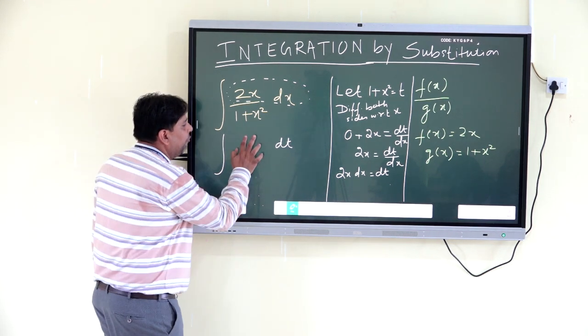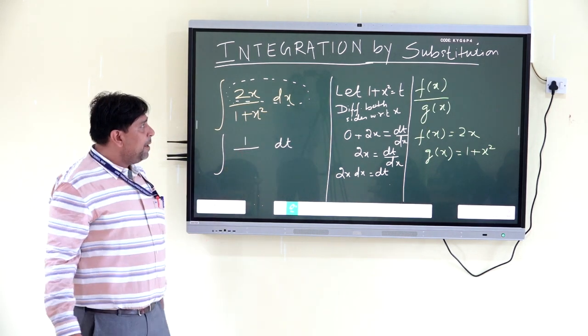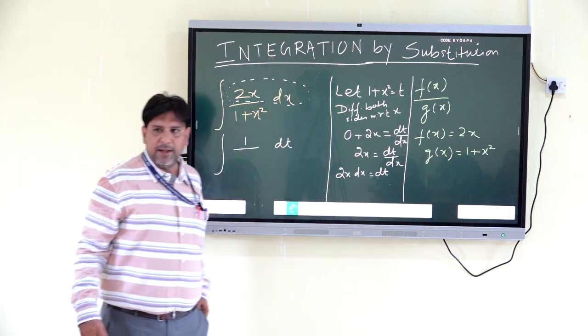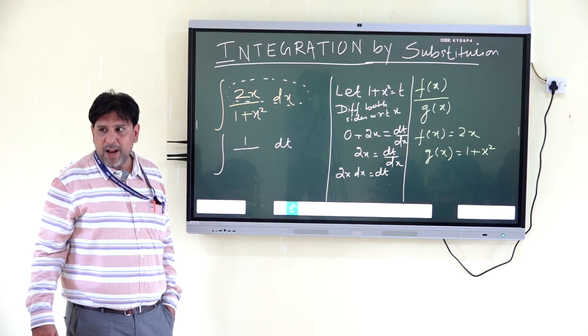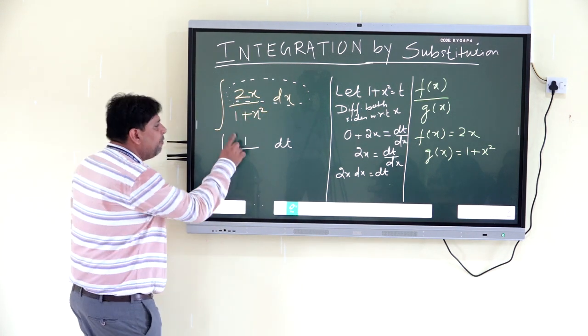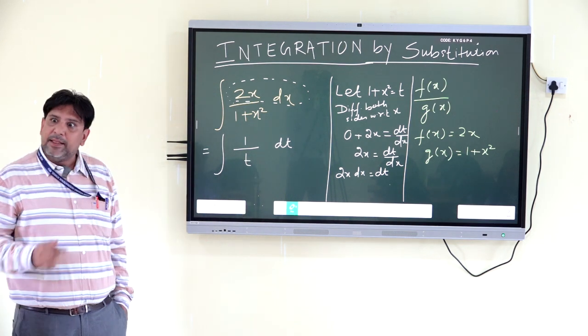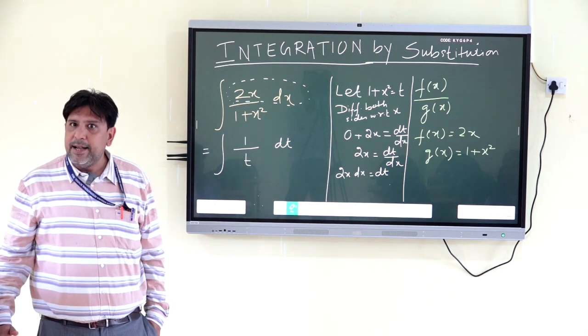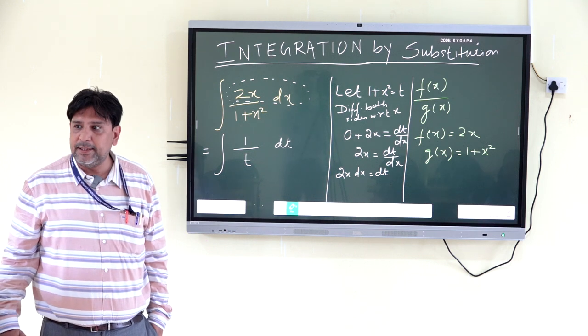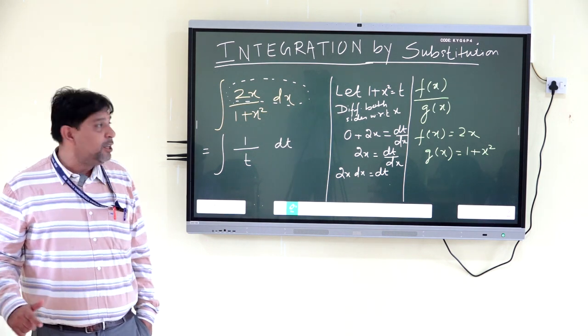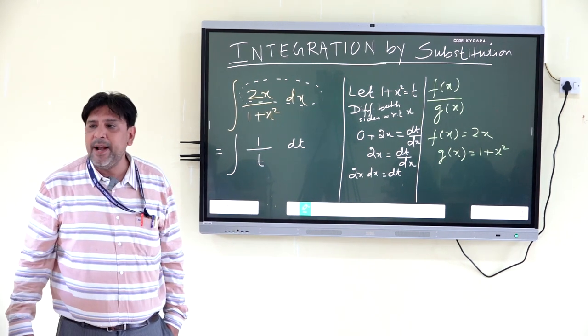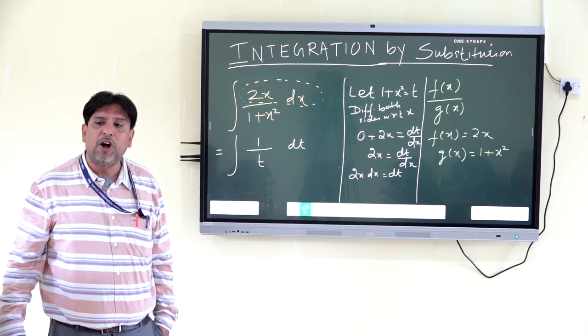What is left? 1 by 1 plus x square. But 1 plus x square, what I have taken? T. So we can write 1 by t dt. Now we have got a formula. Integration of 1 by x dx is log x plus c. Similarly, integration of 1 by t dt will be equal to log t plus c.